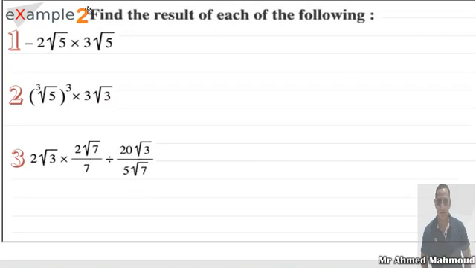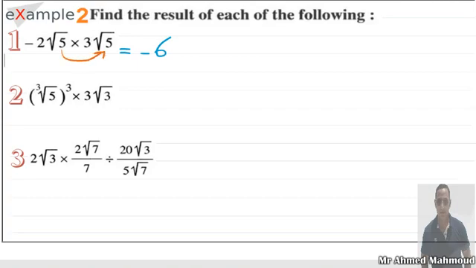Here we have multiplication. First I'm going to multiply negative 2 times 3, which will be negative 6. And then I'm going to multiply root 5 times root 5.